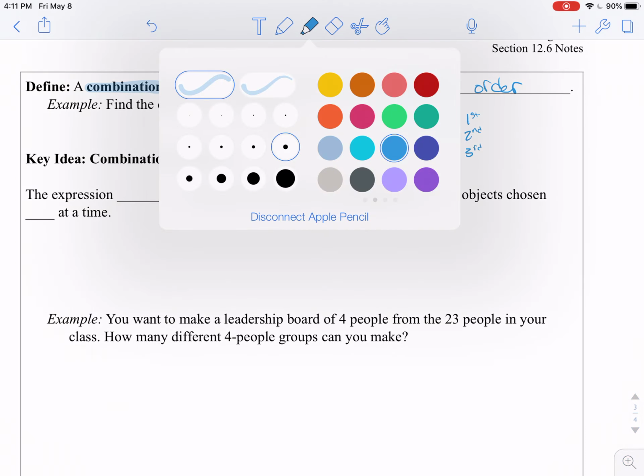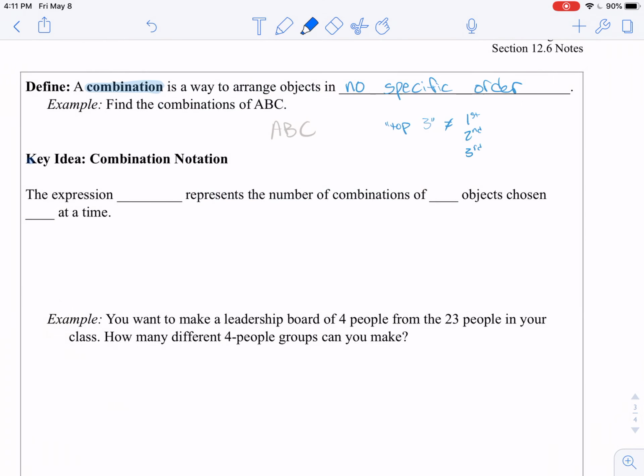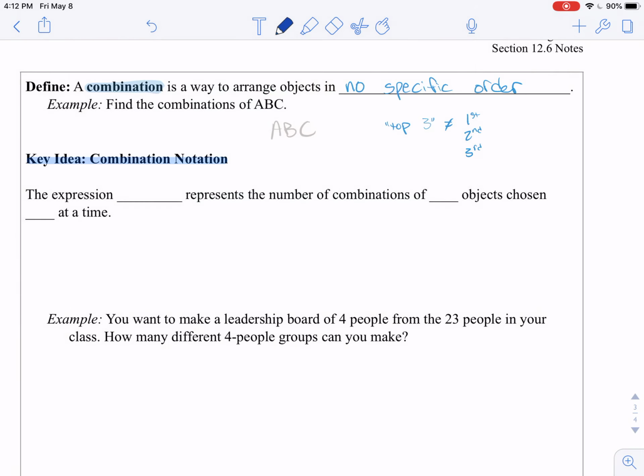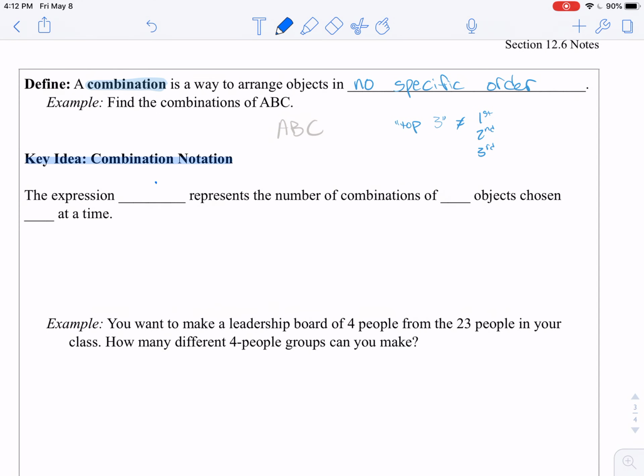So building on that, combination notation is very close to permutation notation. But this time, instead of a P, we have C. So we have n, and instead of pick, we're going to say choose. And n choose r represents the number of combinations of n objects chosen r at a time.